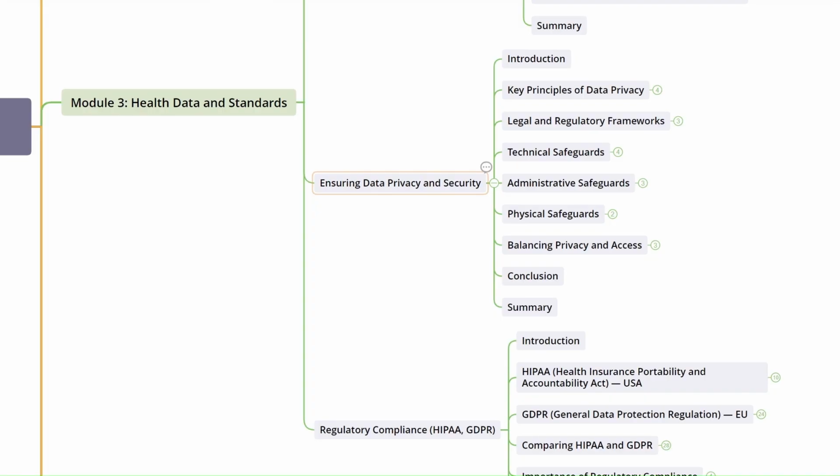This section explores various methods employed to safeguard data, including encryption, anonymization, and access controls. You'll learn about the importance of building secure systems that protect against breaches and comply with standards, fostering trust among patients and stakeholders in the digital health ecosystem.